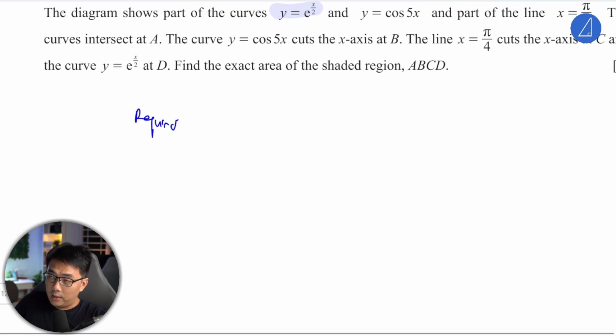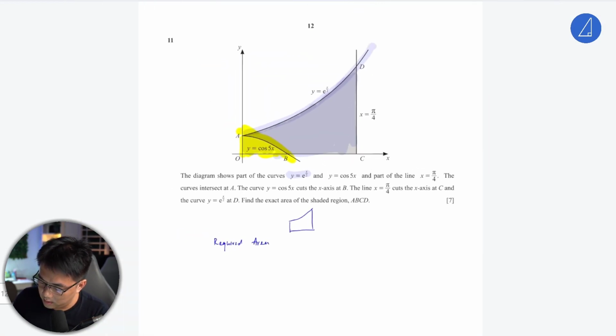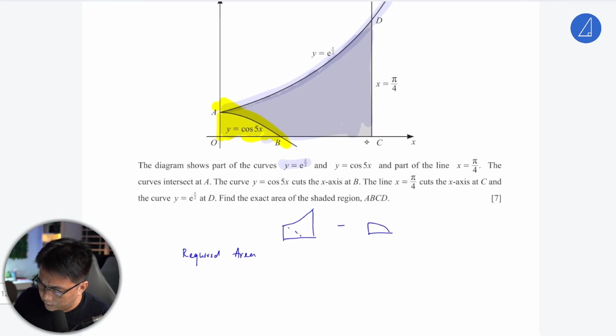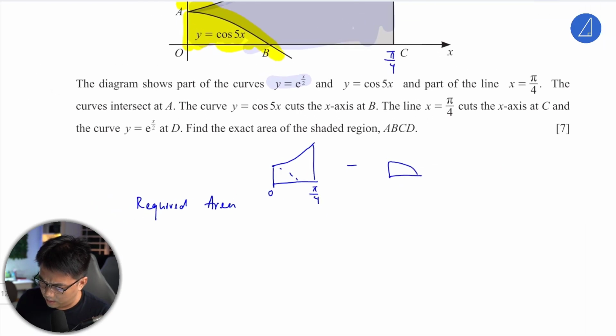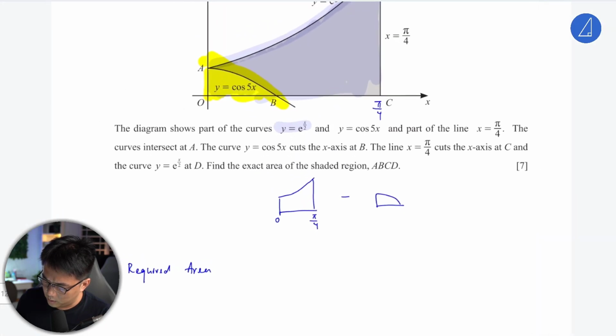The required area will take the projection of the e to the power half x curve minus the cosine curve below, which is this curve here. Okay, so I think straight off we know that the boundary is 0 to pi/4. So here's 0 to pi/4, and this is the area we need.